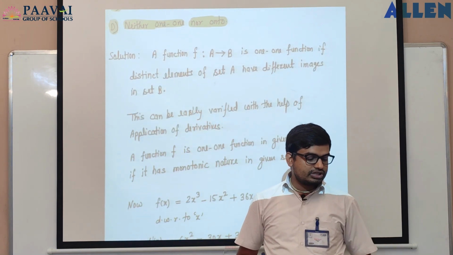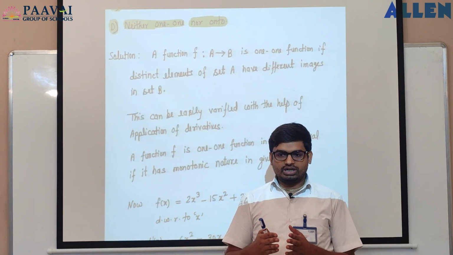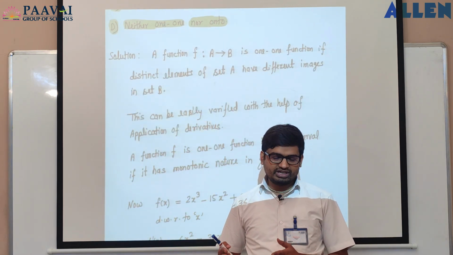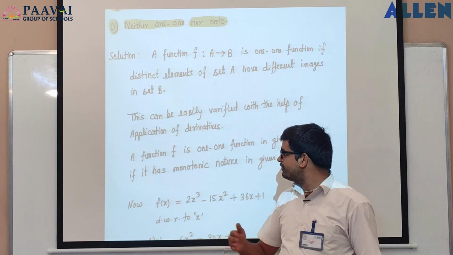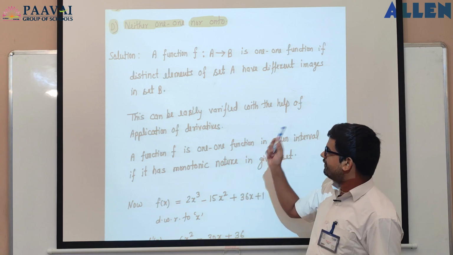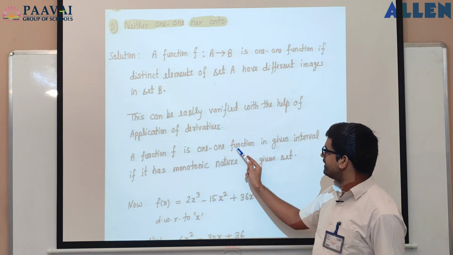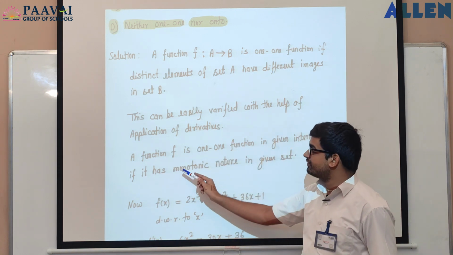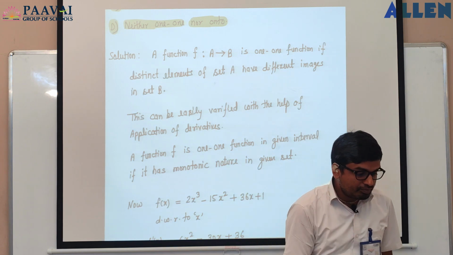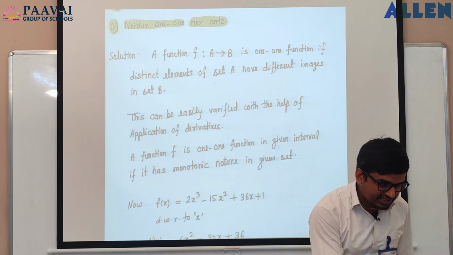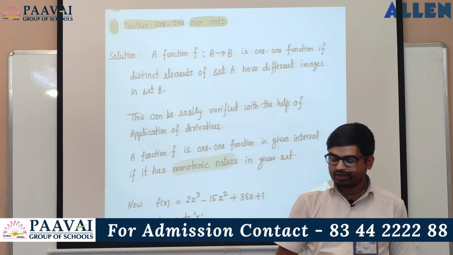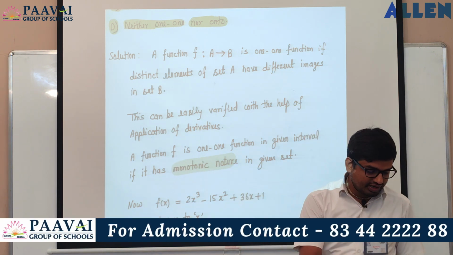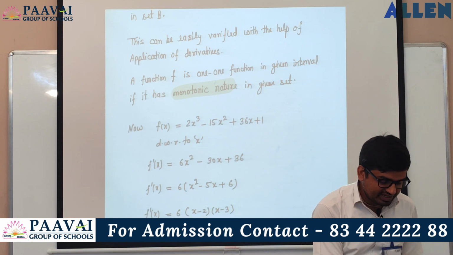From the application of derivative we know that a function f is a one-one function in the given interval if it has monotonic nature. Which nature? Monotonic nature, correct? So now we will check for our function f(x).